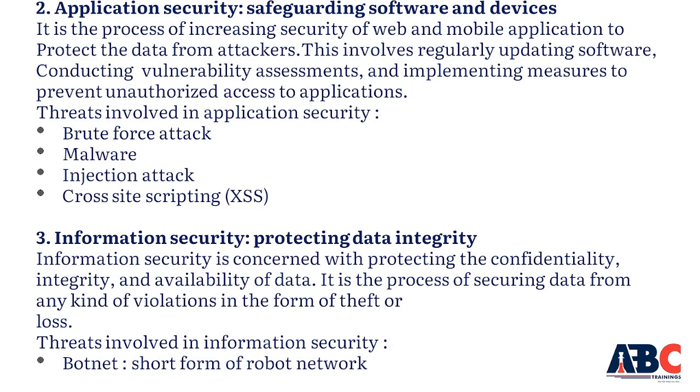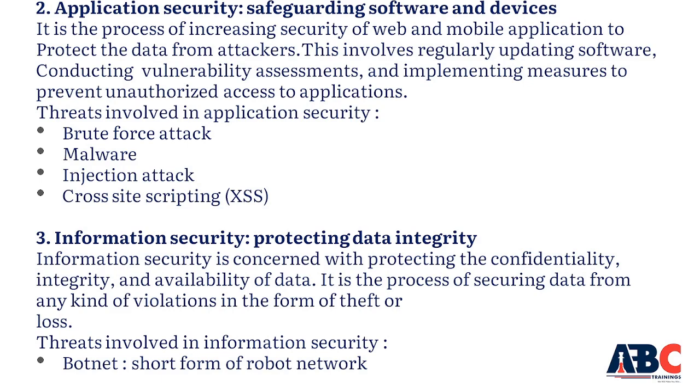This involves regularly updating software and conducting vulnerability assessments, so we can secure our application from the attacker. The threats involved in application security are brute force attack, malware, injection attack, and cross-site scripting, that is XSS attack.